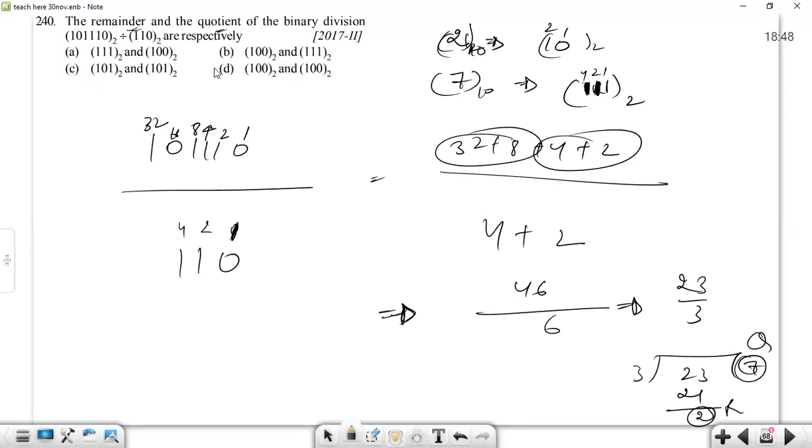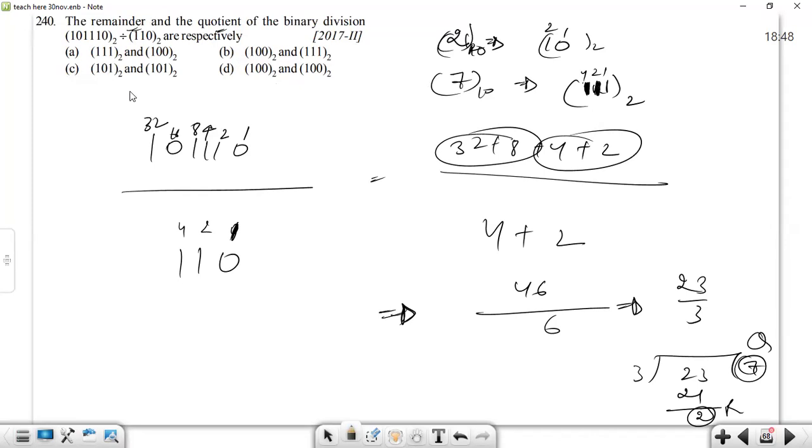So this is our remainder. No doubt, sir. So we have to write remainder first, but it is not matching with their options. So remainder was 2.